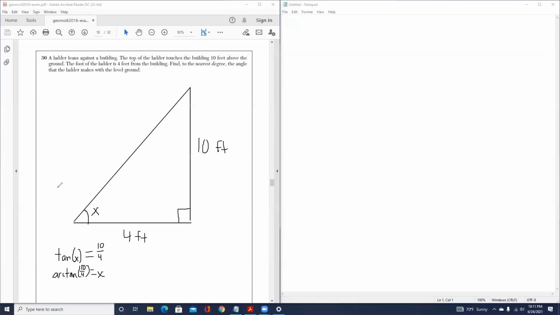Now you may see this represented by a different looking function, whether on your calculator or the way your teacher writes it, as tan with a -1 superscript. They're mathematically the same, just different ways of writing it. So if you plug it into your calculator, you will get that this is equal to 68 degrees if you round it properly.